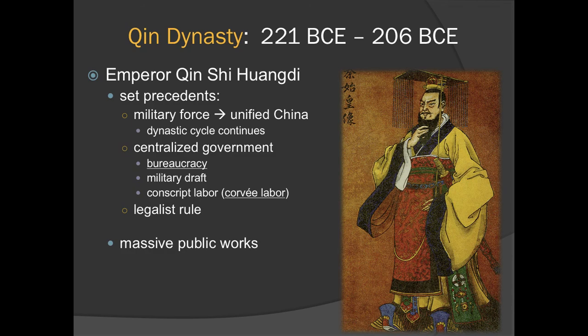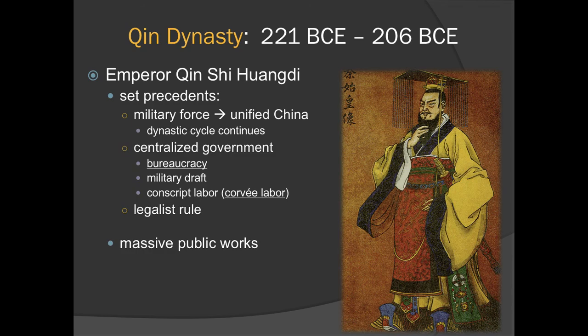To create a strong military that would maintain unity for China, he implemented a military draft or conscription that brought in common Chinese men into the military to serve him. He made extensive use of coerced labor in the form of corvée.